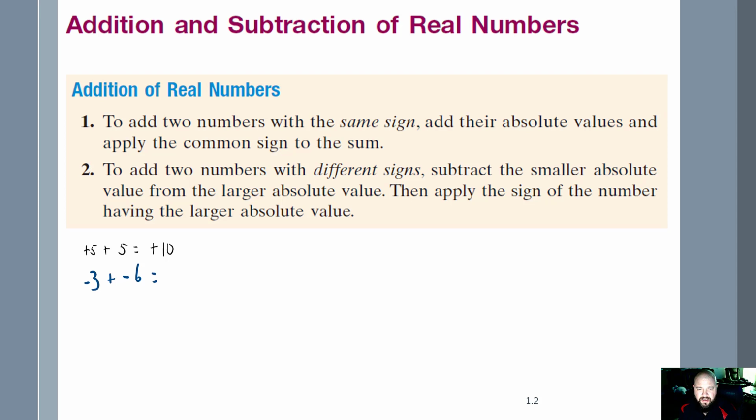So we've got 3 and 6, that should give you 9, and since they're both negative, we're going to keep that negative. Okay? So that's what it's referring to on that.